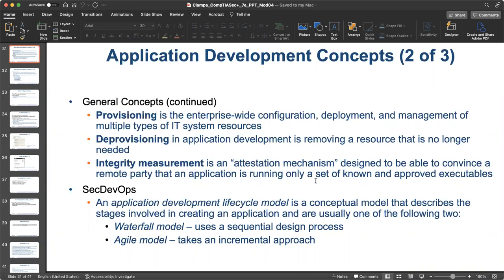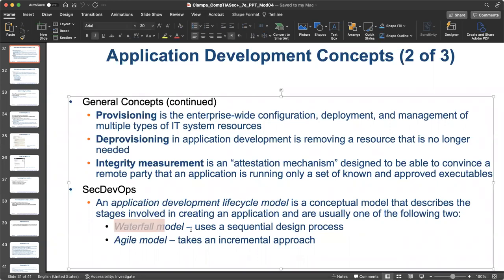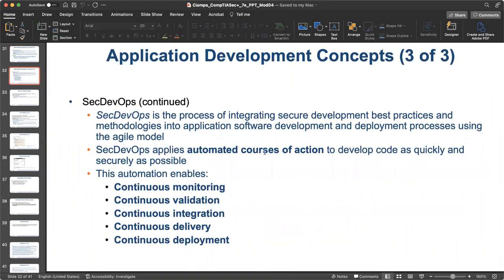Most projects use one of two major application development lifecycle models, either waterfall, as we discussed, or an agile model, right? The waterfall model uses a sequential design, as we talked about, and the agile model was designed to overcome the disadvantages of the waterfall model.